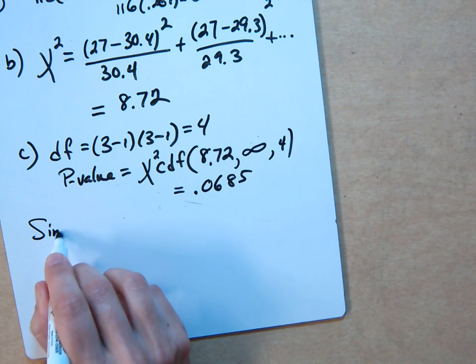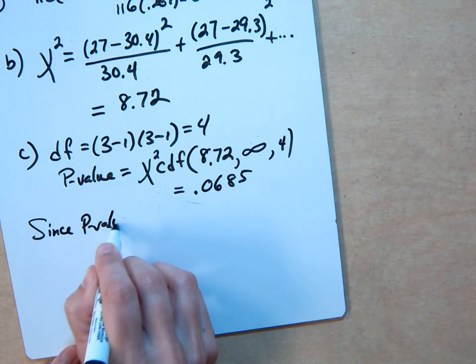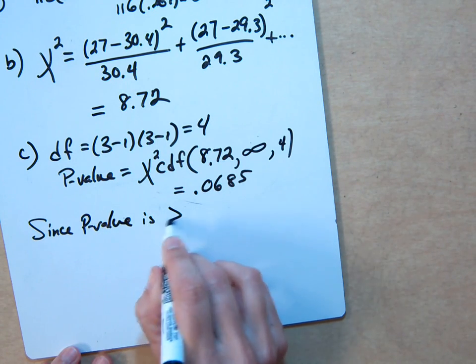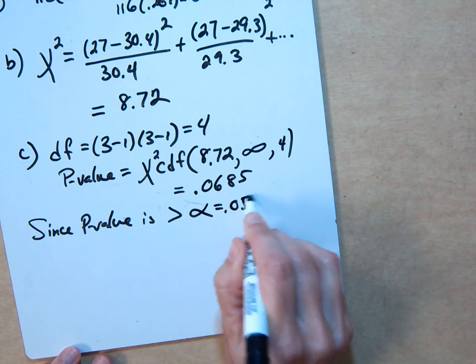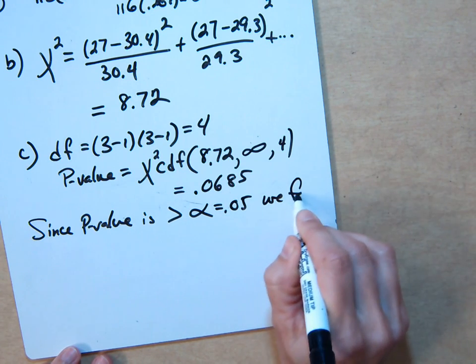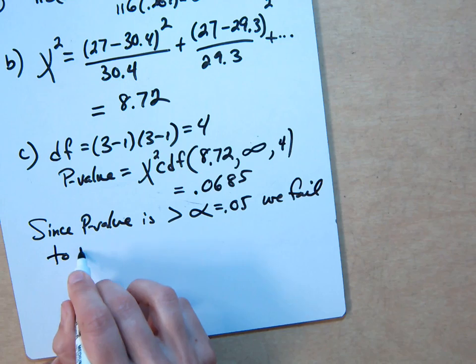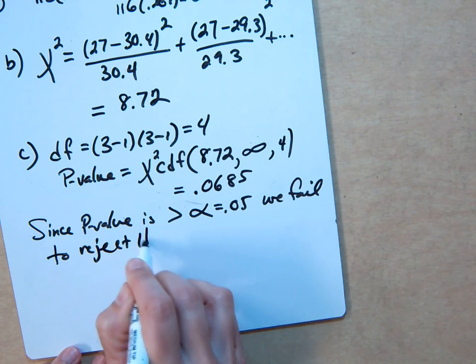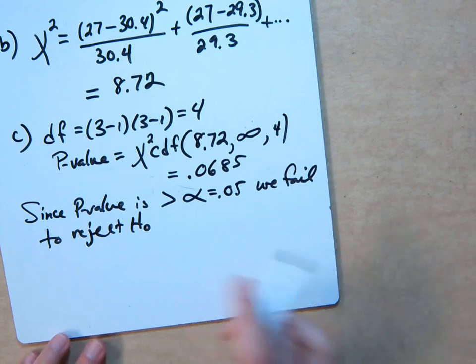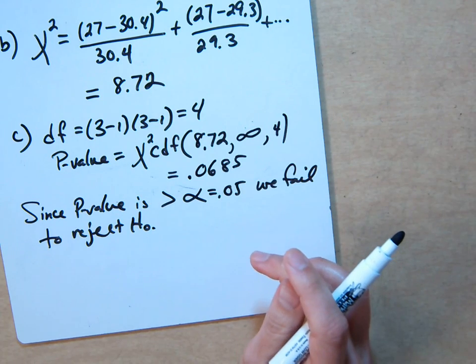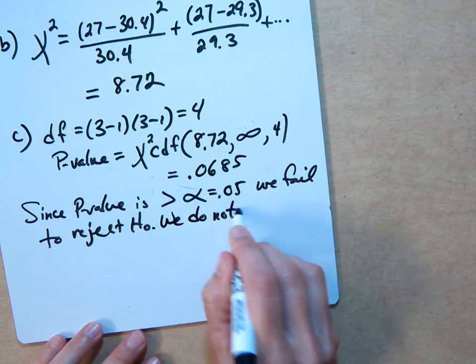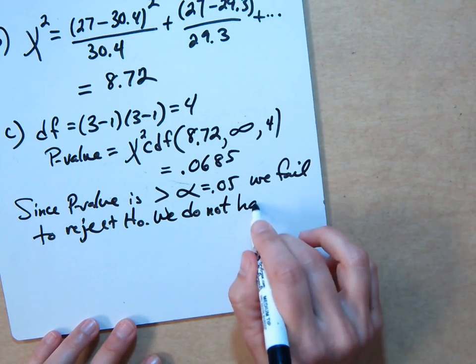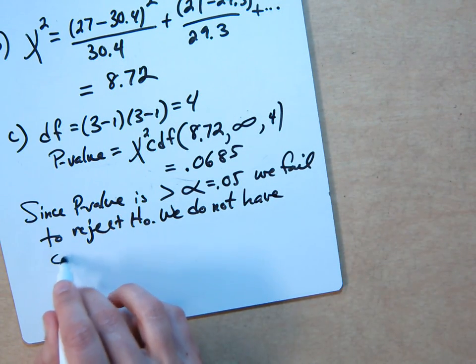So since the p-value is greater than our default alpha 0.05, we fail to reject H0. So we do not have convincing evidence that there's a difference. Just barely, but we do not have convincing evidence.